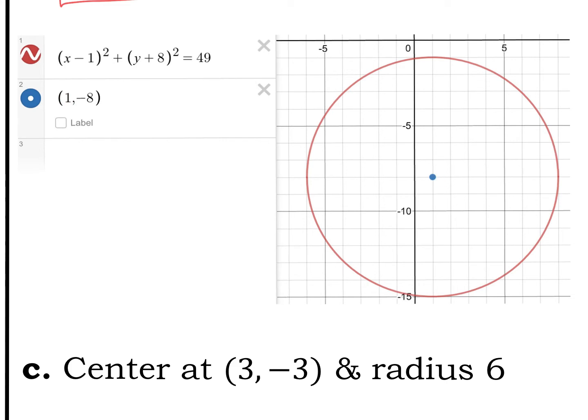If you ever want to use this to check your work, your center point should be 7 units away from the edge of your circle, so you can count up, down, left, or right. So I'll just count to the right. 1, 2, 3, 4, 5, 6, 7. So if it looks like the circle's passing through the edge after 7 points up, down, left, or right, then you probably did it right.